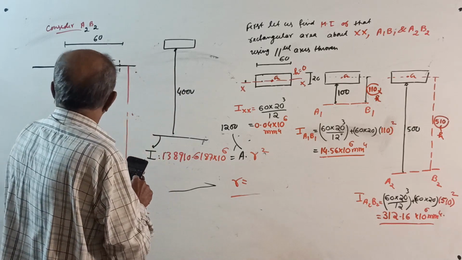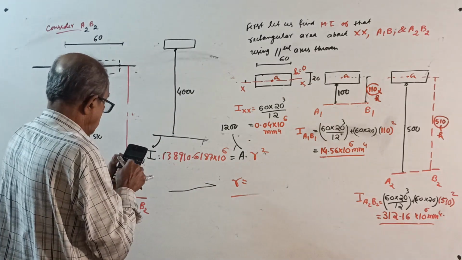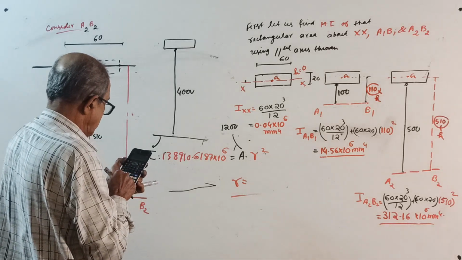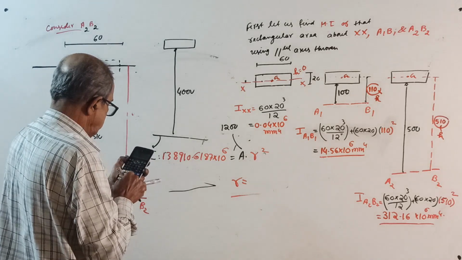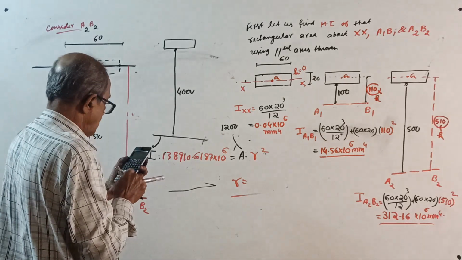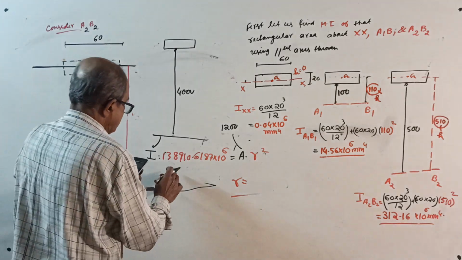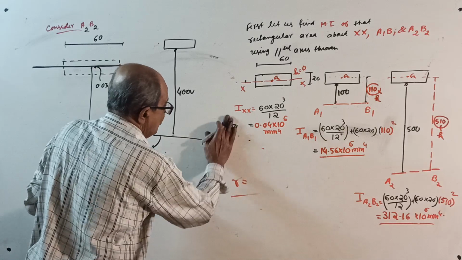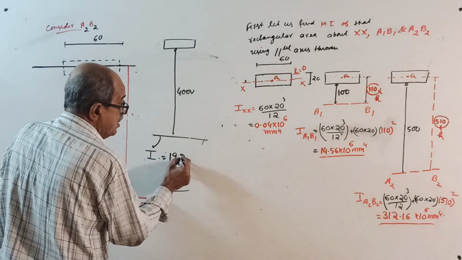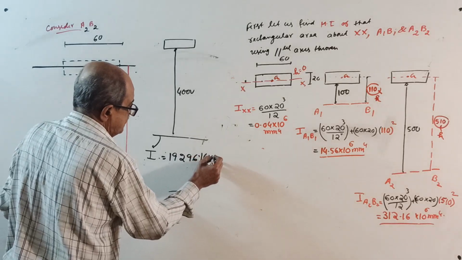One minute, but no problem. Sometimes it happens. 60 into 20 cube divided by 12 plus 60 into 20 into (10 plus 4000) square, divided by 10 to the power 6. It is 19296.16 times 10 to the power 6.